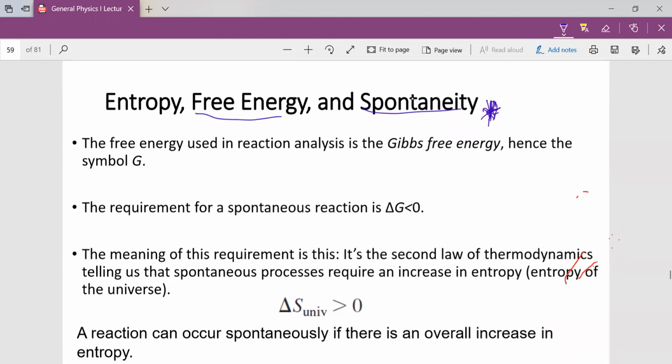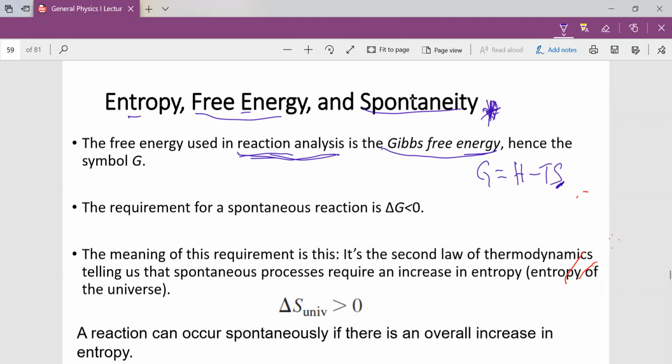We describe or do chemical reaction analysis with the focus on what we call the Gibbs energy. The Gibbs energy has the symbol G, and it is equal to enthalpy minus temperature times S, where S is entropy. So we see that the Gibbs energy brings in the concept of entropy, and that is why it came in here: entropy, free energy, and spontaneity.